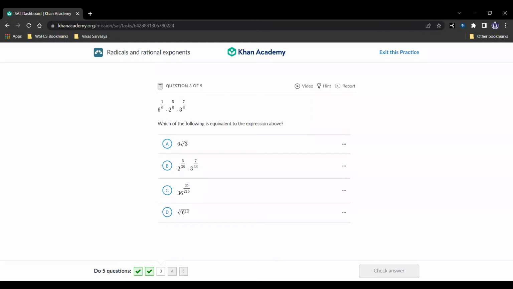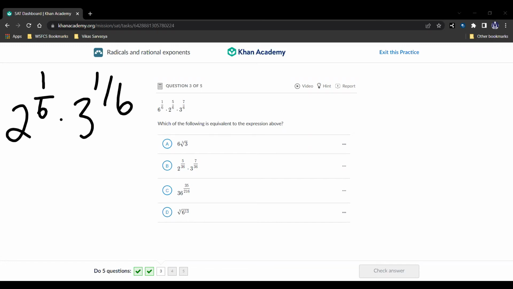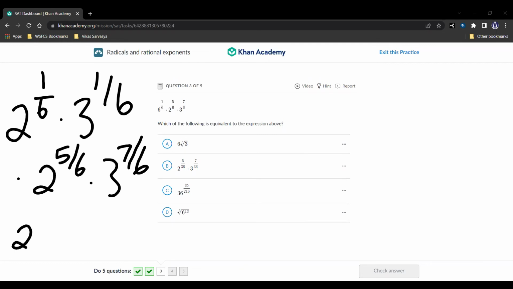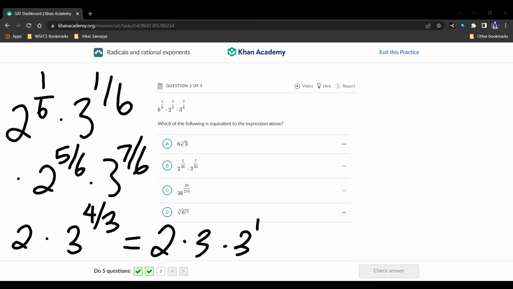Well, 6 is 2 times 3, so 6 to the 1/6 is 2 to the 1/6 times 3 to the 1/6. And then, of course, we have the times 2 to the 5/6 times 3 to the 7/6. So then multiply that together and we get 2 to the 1 times 3 to the 8/6, or 3 to the 4/3, which is just 2 times 3 to the 1/3, which is just 6 times the cube root of 3.